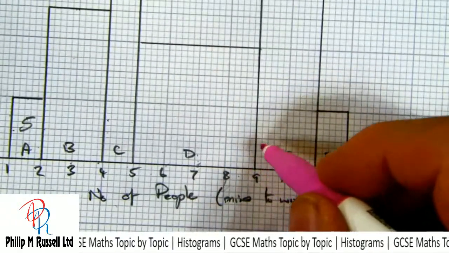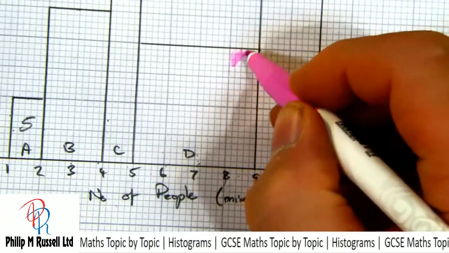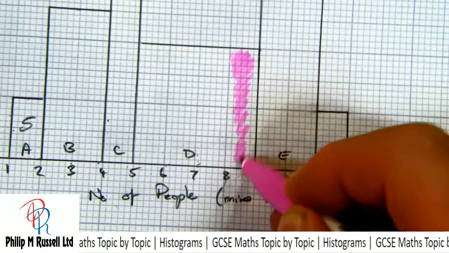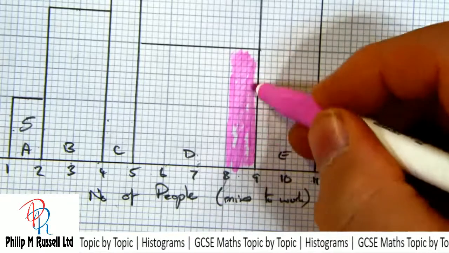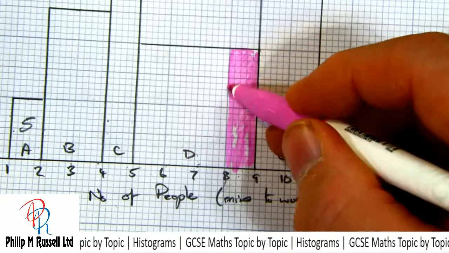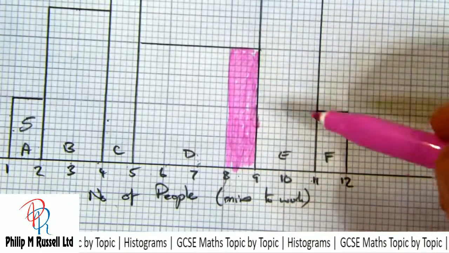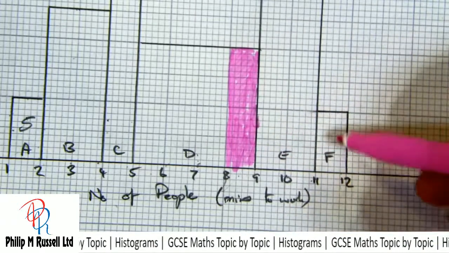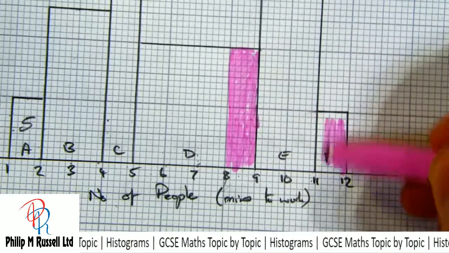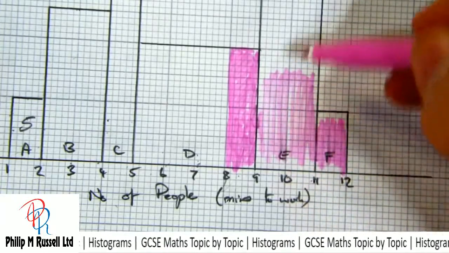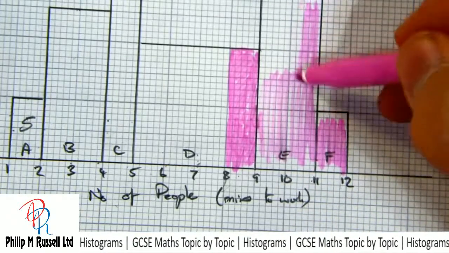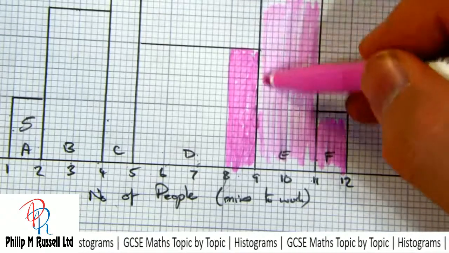So this is going to be all the people that took more than 8 minutes to get to work. So it's going to be everyone in that bit plus everyone in this bit.